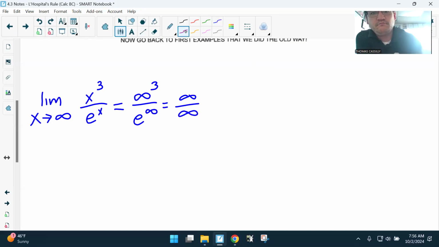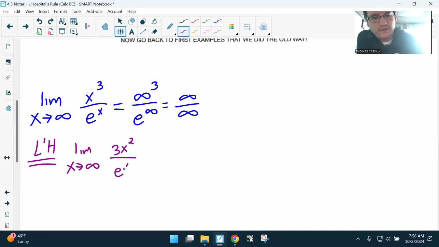So apply L'Hopital's rule. I put my L apostrophe H just to let the reader know I'm using L'Hopital's rule. So this equals the limit as x approaches infinity of the derivative of the top, that is 3x squared, over the derivative of e to the x, which is e to the x.